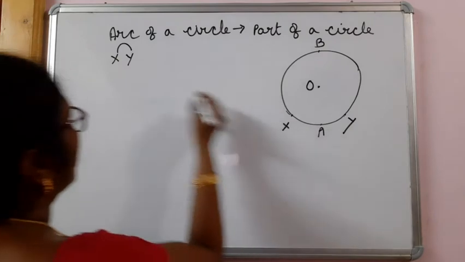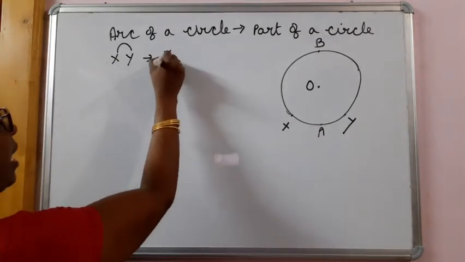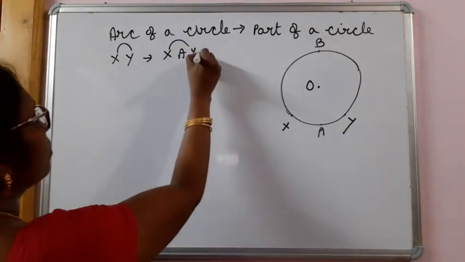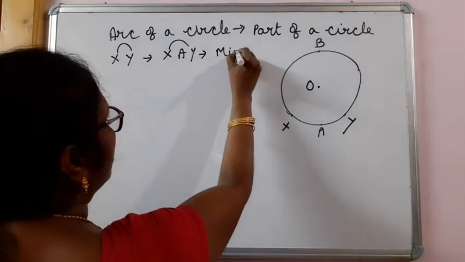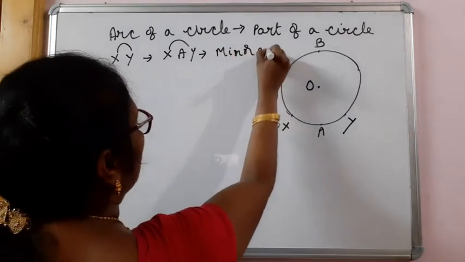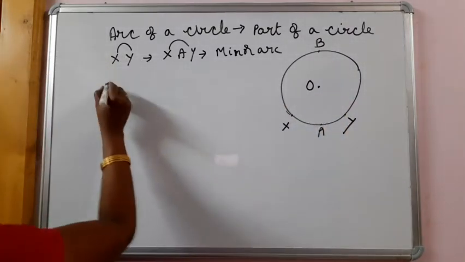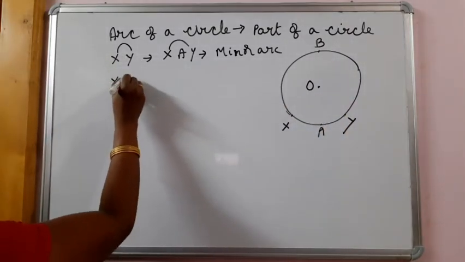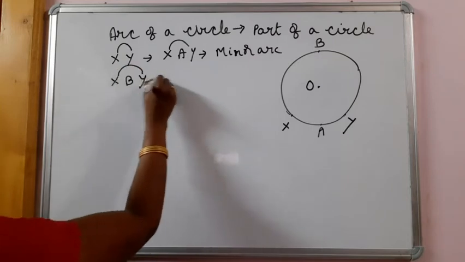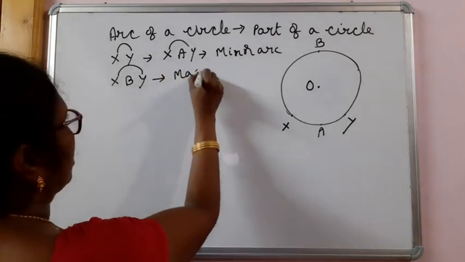And for this we can write XAY is a minor arc, means smaller arc. There are 2 arcs, one is minor, this is major. And XBY is the major arc of the circle.